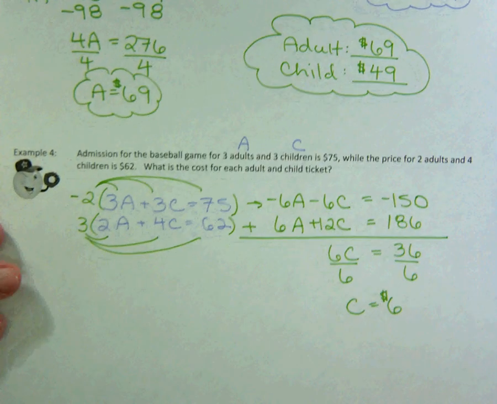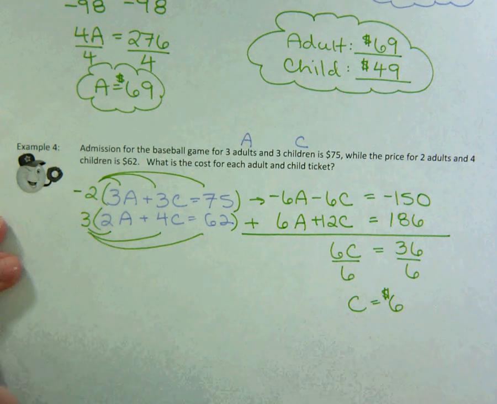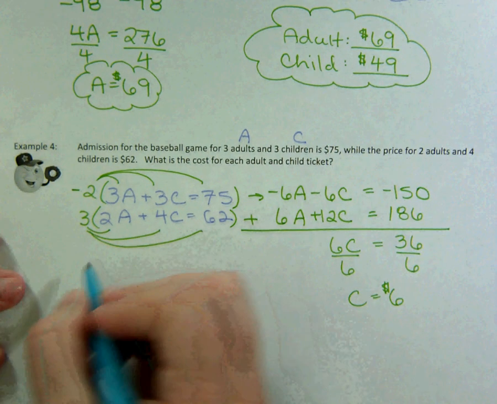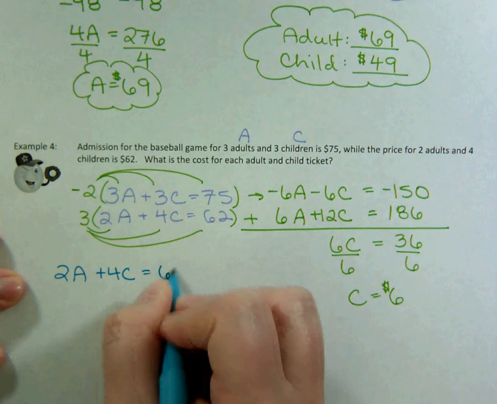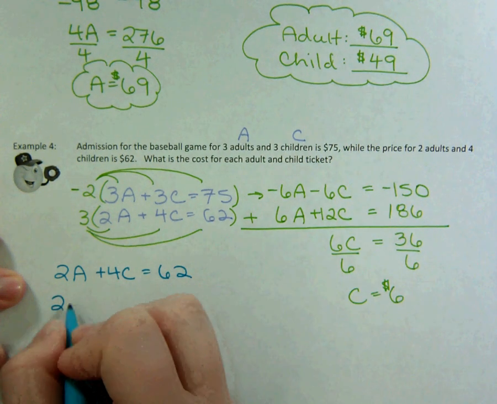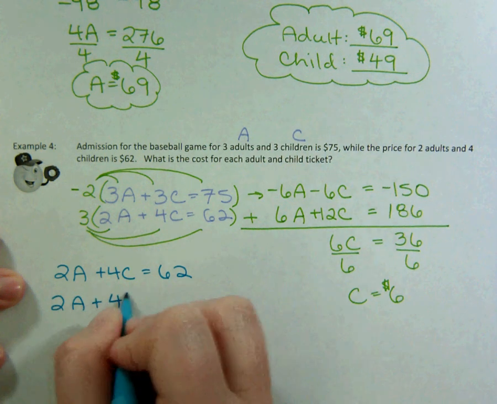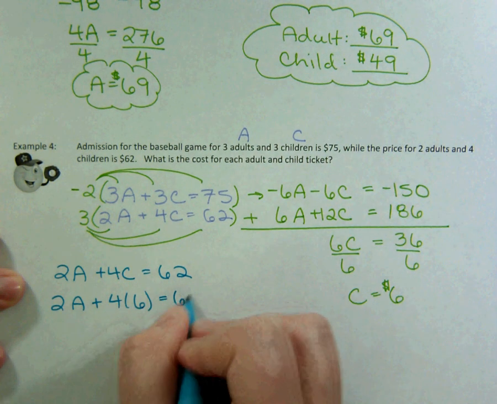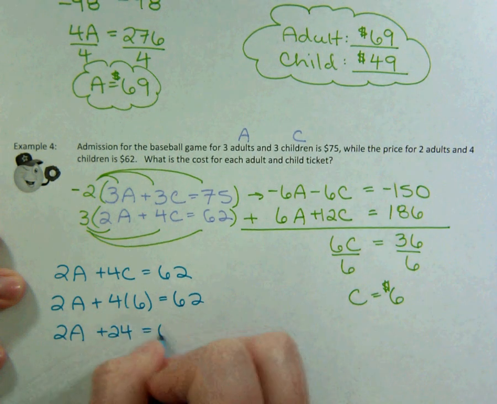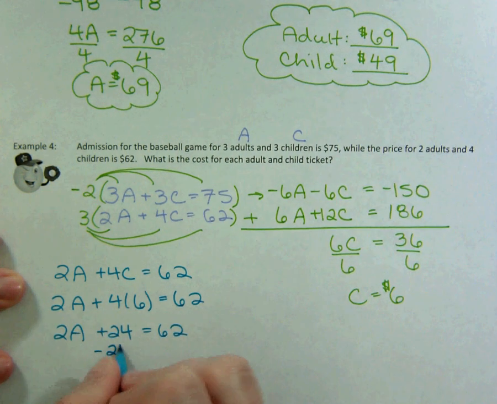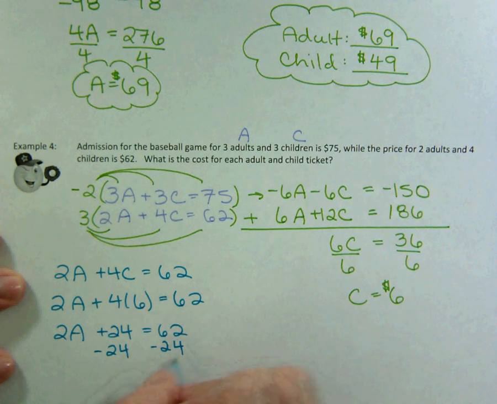Then we'll plug that in to get the other answer. I'm going to plug it into the bottom equation. 2A plus 4C equals 62. Now that I know C is 6, so that's 2A plus 24 equals 62. Subtract 24.